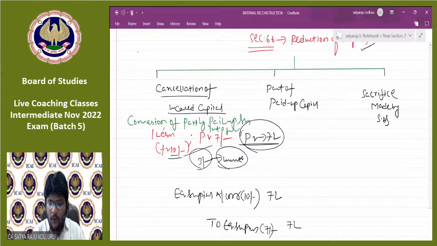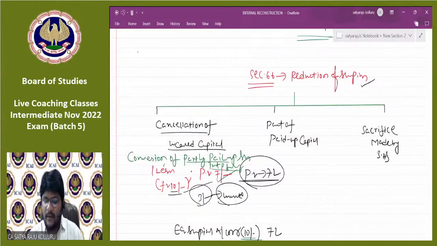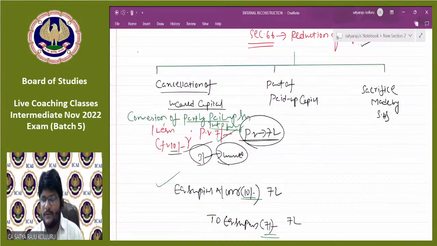Do you agree, all of you? What happened here? Earlier, out of 10 rupees face value, 7 rupees was paid up. Now, out of 7 rupees face value, 7 rupees is paid up. Earlier the share was partly paid up; right now the share is fully paid up. So conversion of partly paid up shares into fully paid up shares through cancellation of uncalled capital is a classic example of reduction of share capital. This is the entry you need to pass.